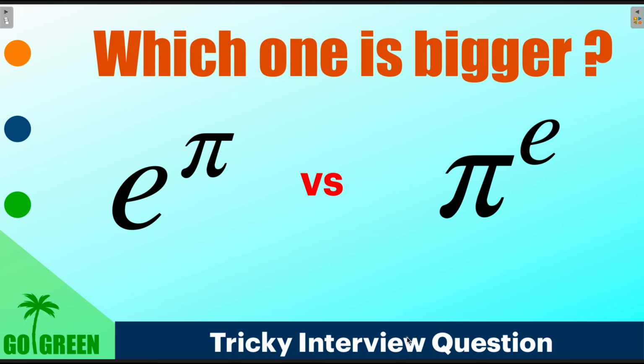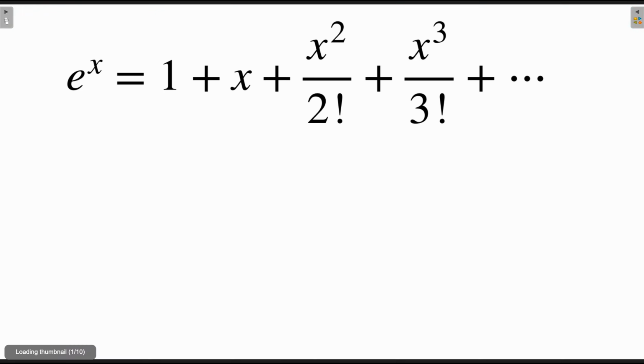We'll use a standard fact about e to the power x. e to the power x can be written as a series: 1 plus x plus x squared by factorial 2 plus x cubed by factorial 3 and so on.